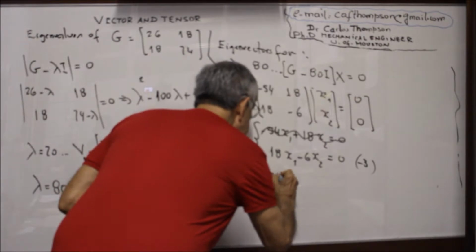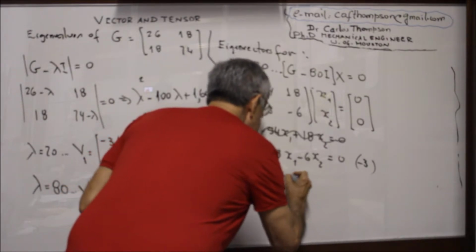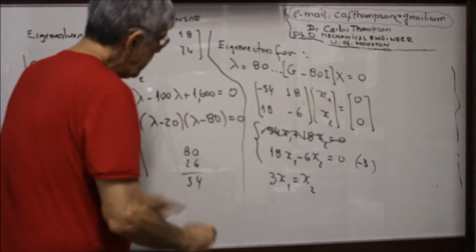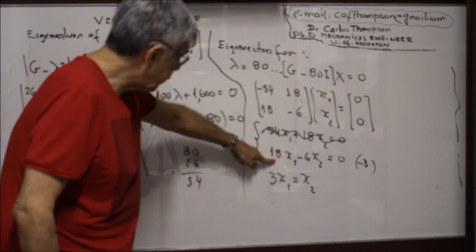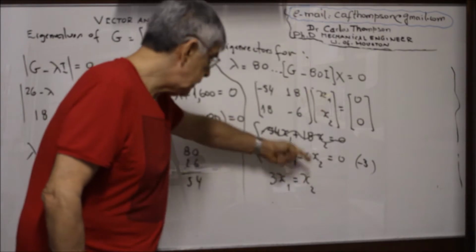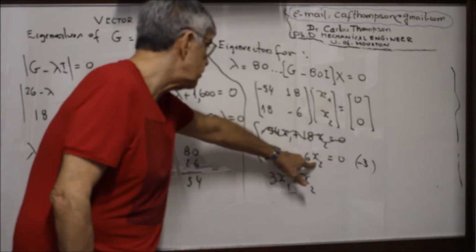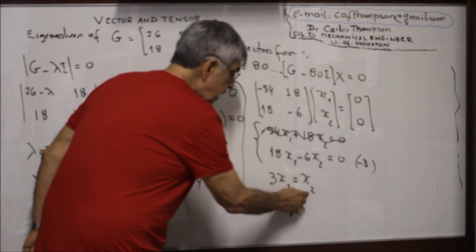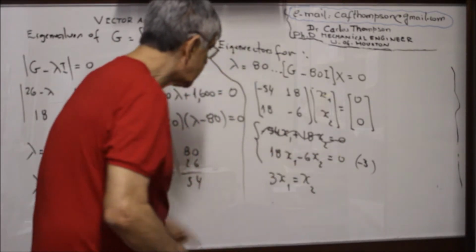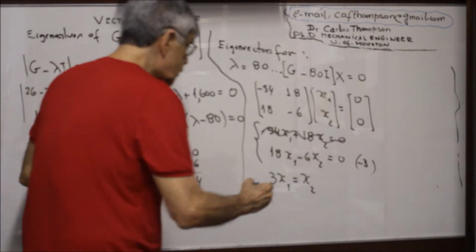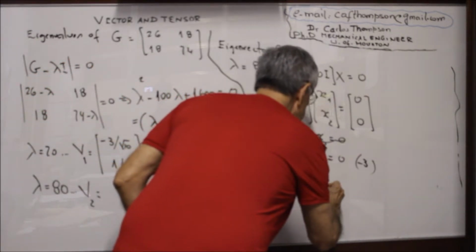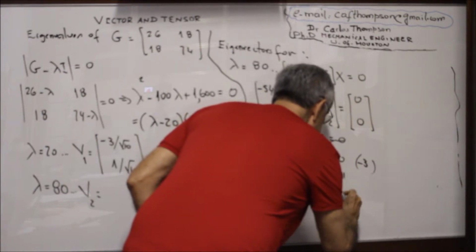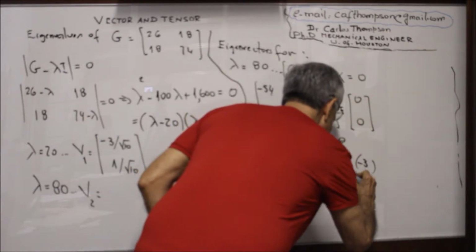So 3x1 is equal to x2, you see? Divide by 6, this will be 3, and this will be, in this case, minus x2. So if you take this x2 and put it on the right-hand side, this is x2. So we can choose, if you want, v prime 2 as an eigenvector.